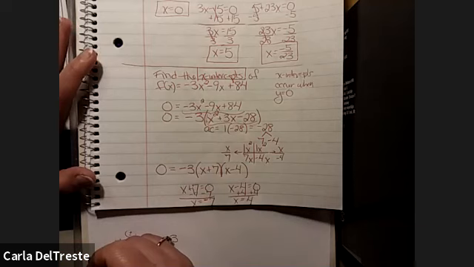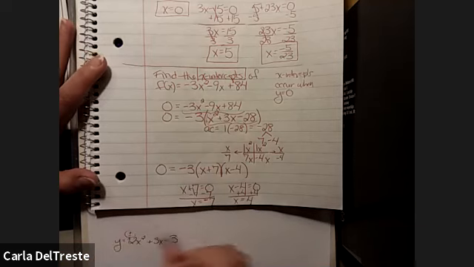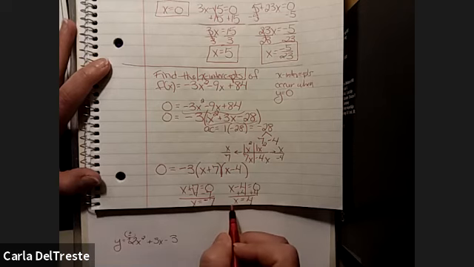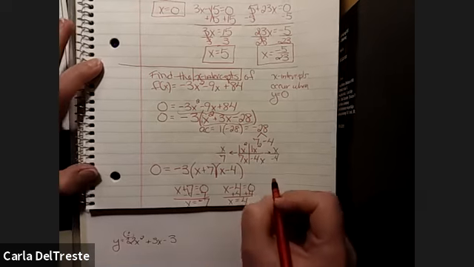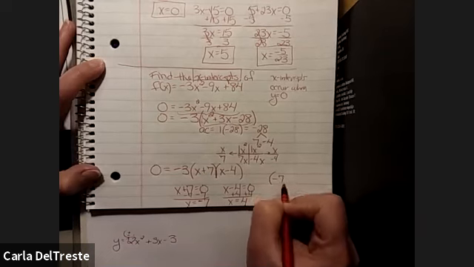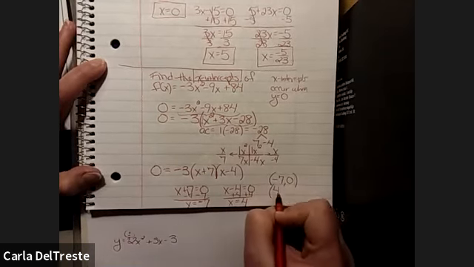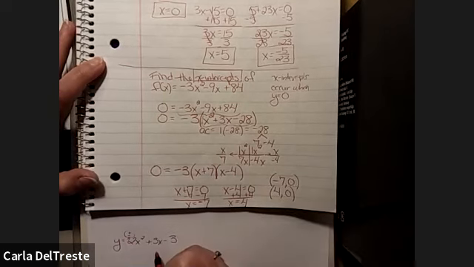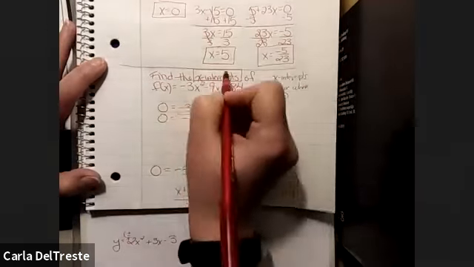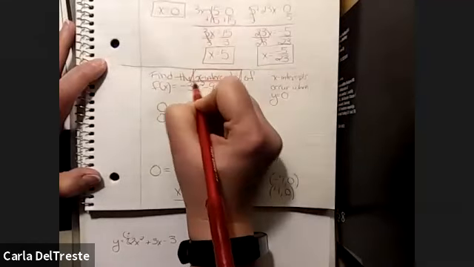They weren't just asking for solutions. They were asking for points on the graph. So this is not even our final answer. Our final answer is going to be the ordered pair, negative 7, 0, and the ordered pair 4, 0, because they were asking for x-intercepts.